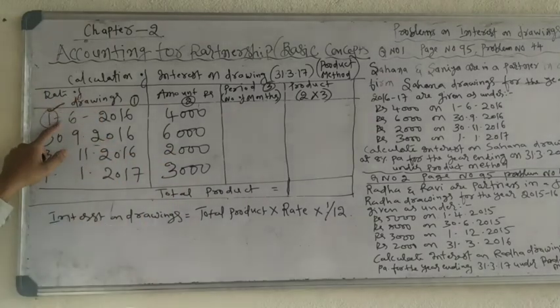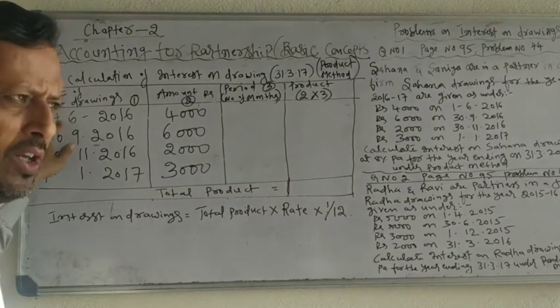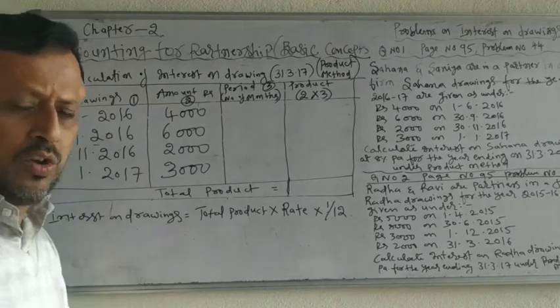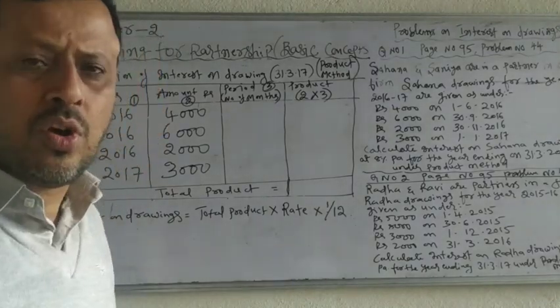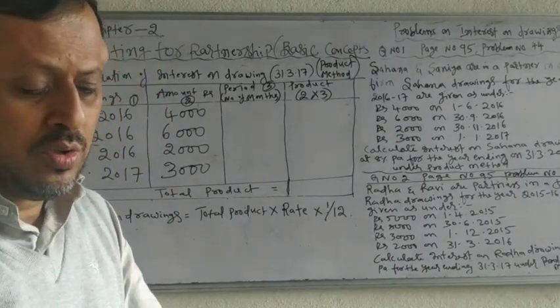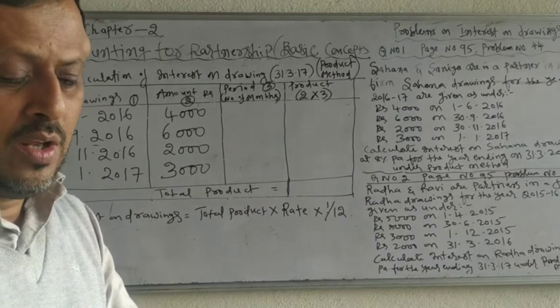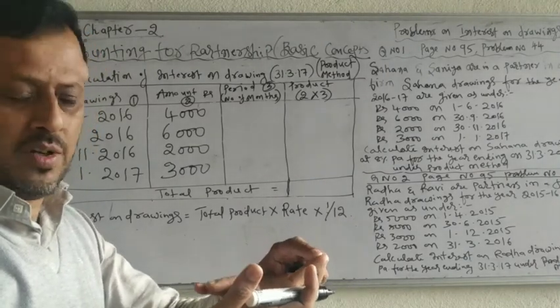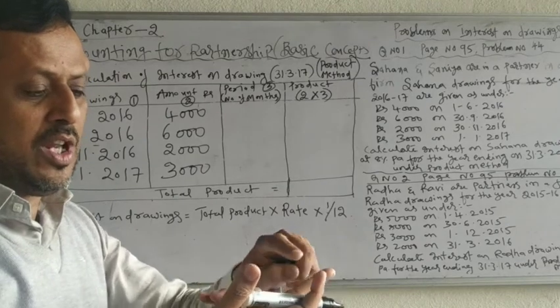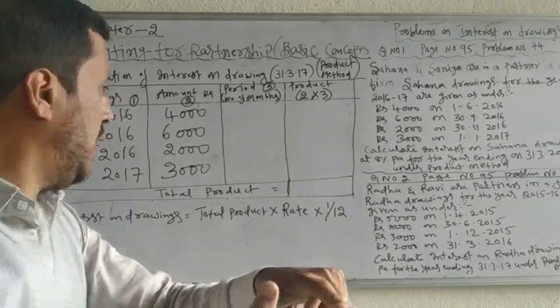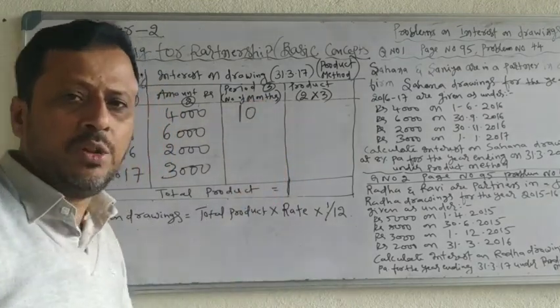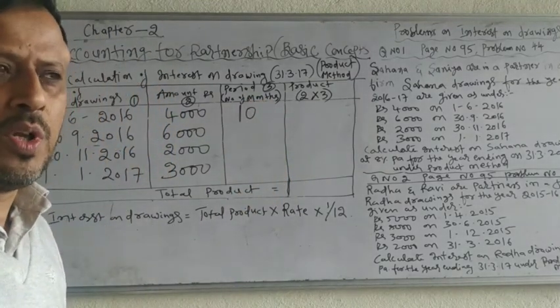Because the drawing is made on June 1st, she has to pay interest on drawings from the June month: June, July, August, September, October, November, December, January, February, March. Totally 10 months.